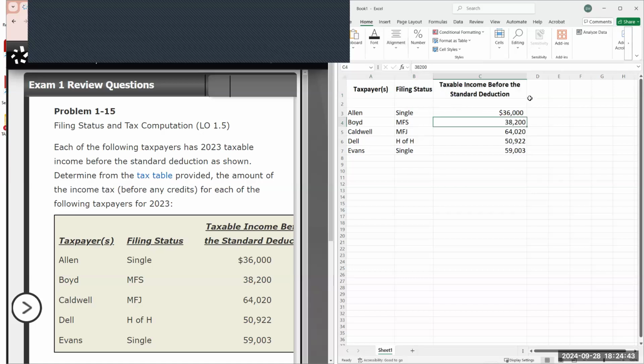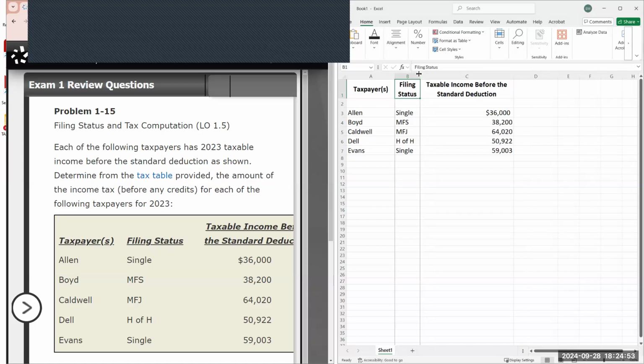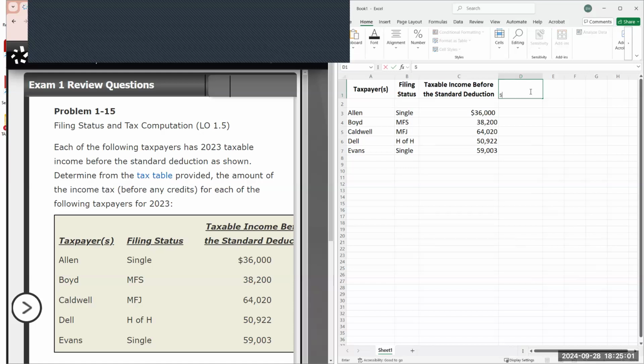So here we go: the taxable income before the standard deduction. And again, how do we determine the standard deduction? As we learned in the previous problem, it is ultimately based on the taxpayer's filing status. So I'll make a new column, standard deduction.